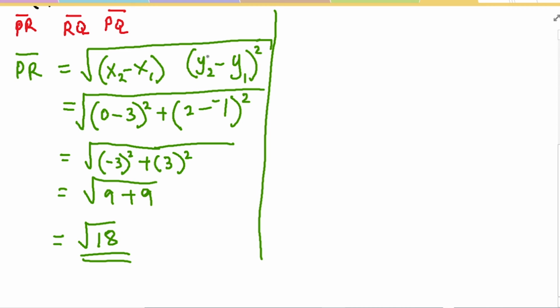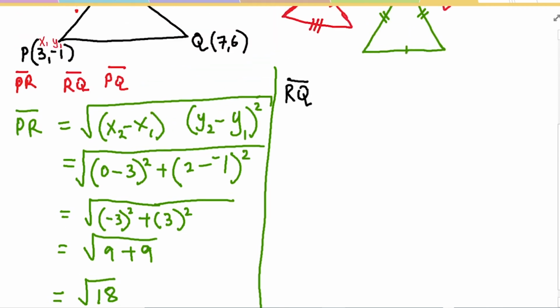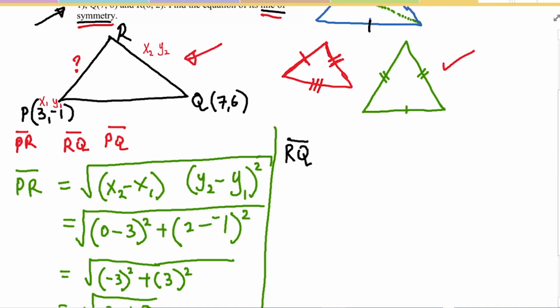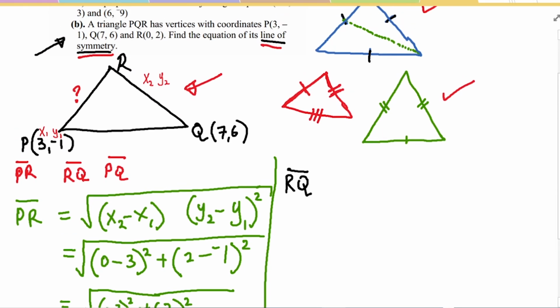So let's find side RQ. Again, we are going to do the same. R is (0, 2), yes.